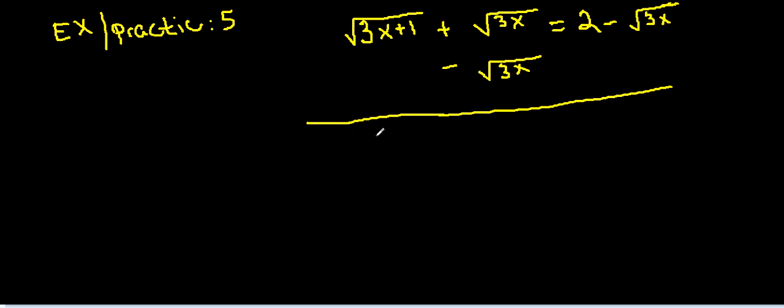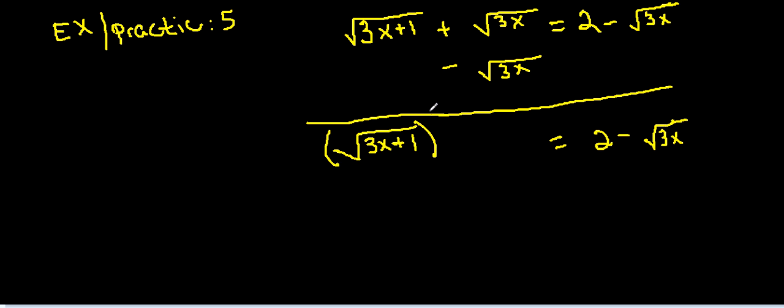And I bring down this square root of 3x plus 1. And this is 0, and that's going to equal this right side of 2 minus the square root of 3x. And now it's isolated.